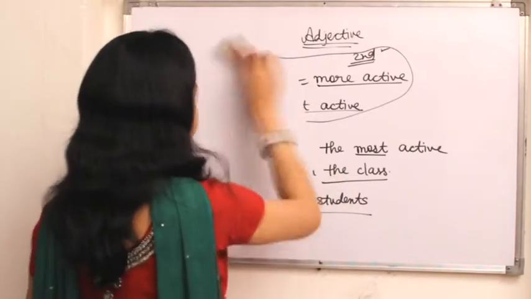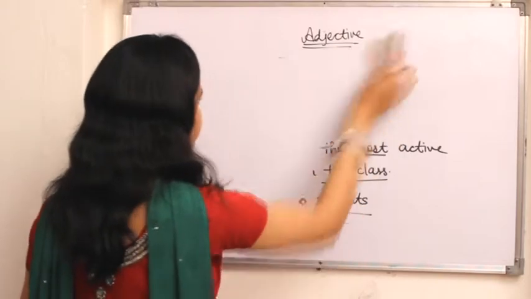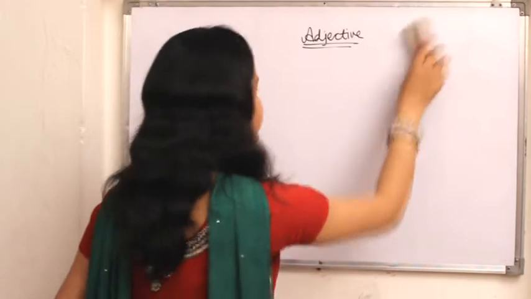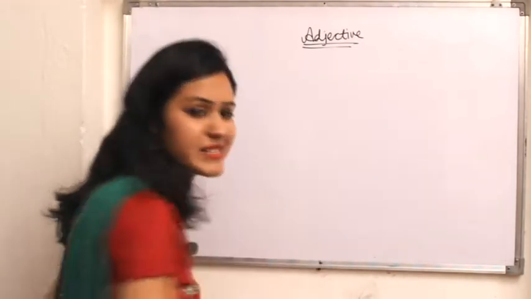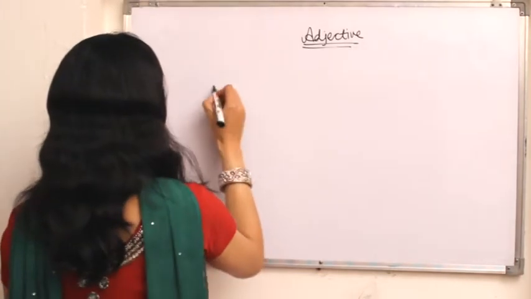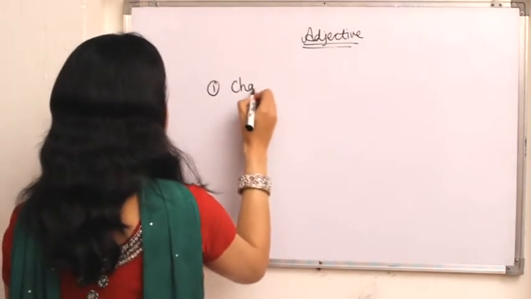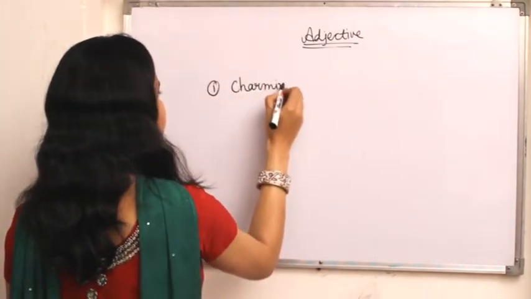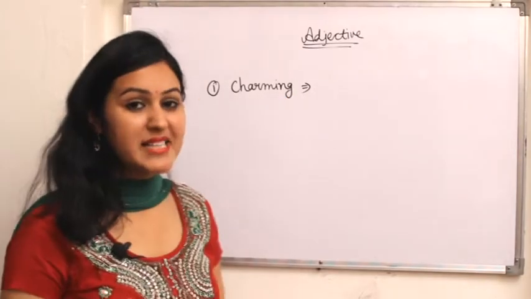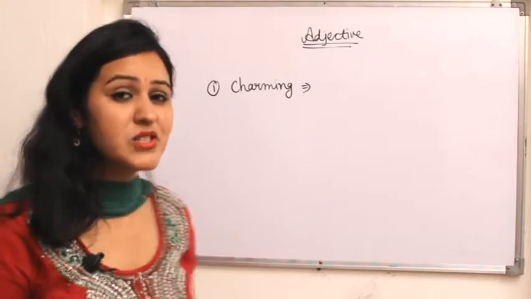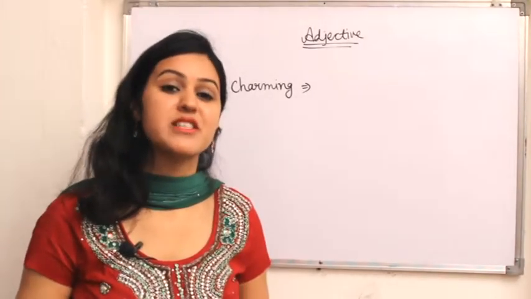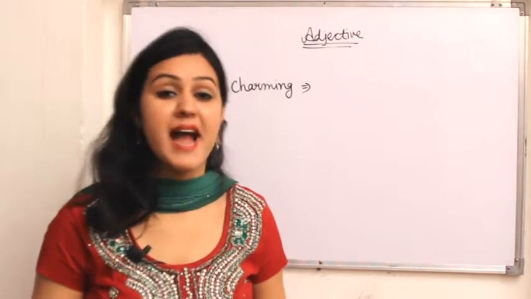Okay, so I just repeat it by using some sentences. Very first I write here charming. So now we have to recognize that these are also of what? Of comparative and superlative form by using more and most.